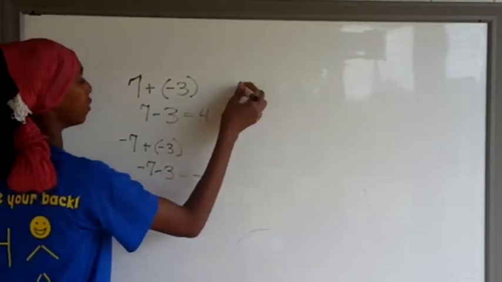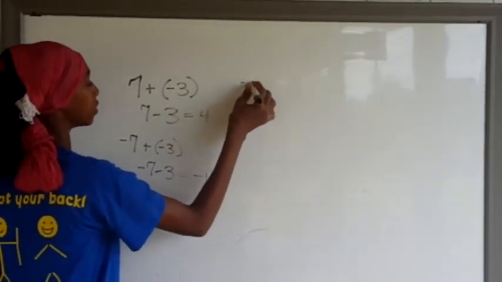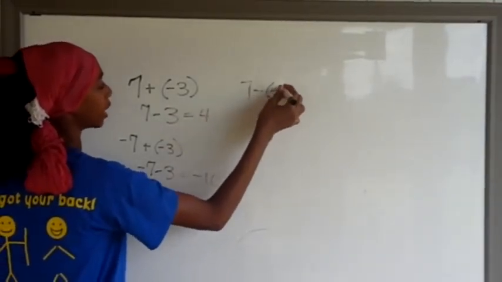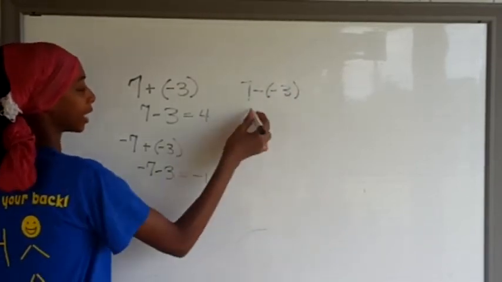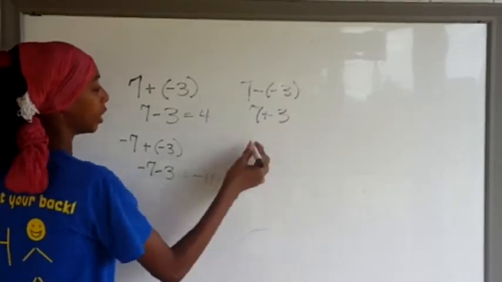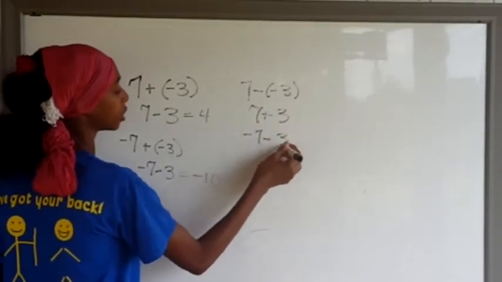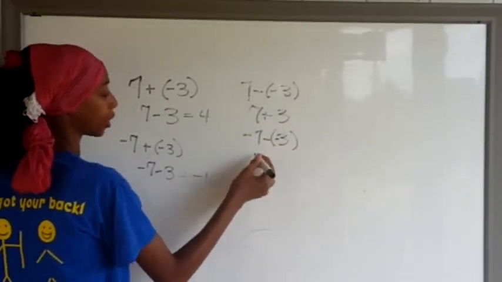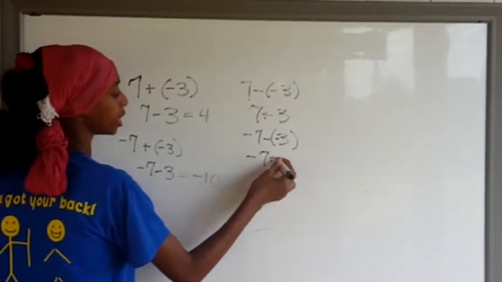Alright, if I have 7 minus -3, we can rewrite that as 7 plus 3. If I have -7 minus -3, we can rewrite that as -7 plus 3.